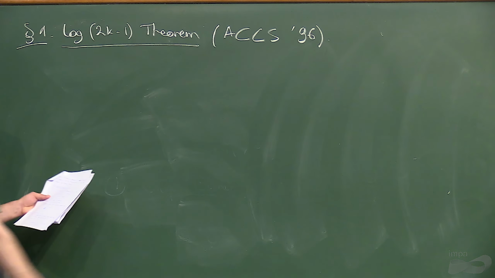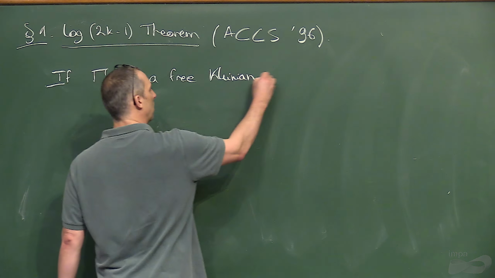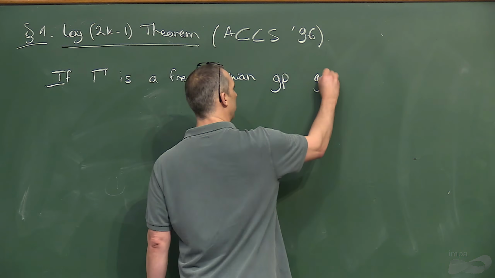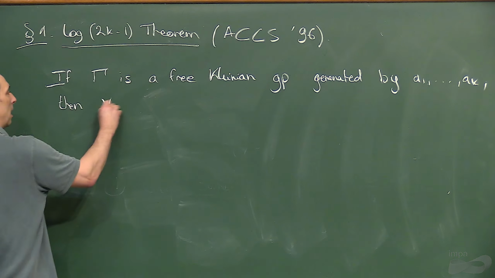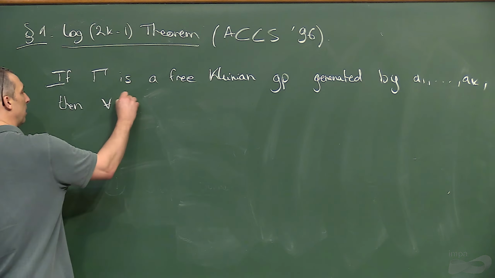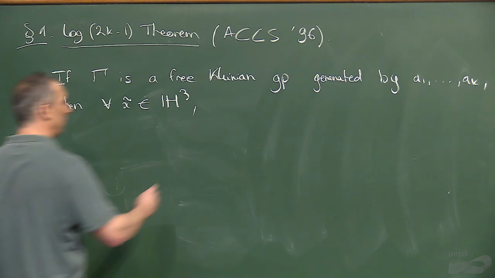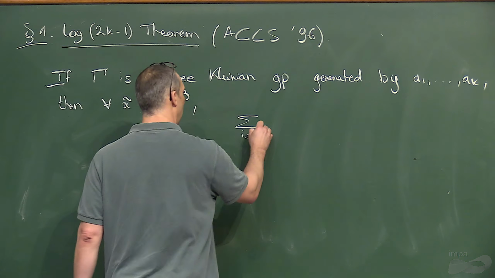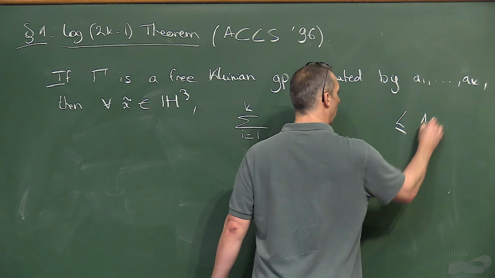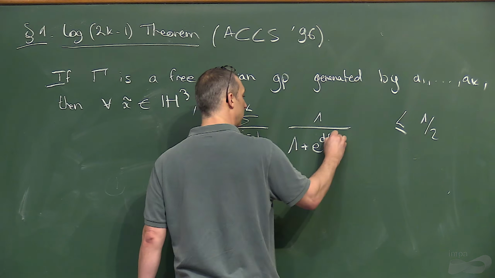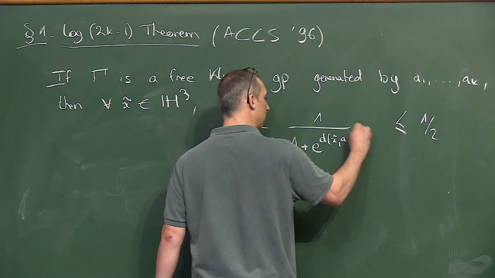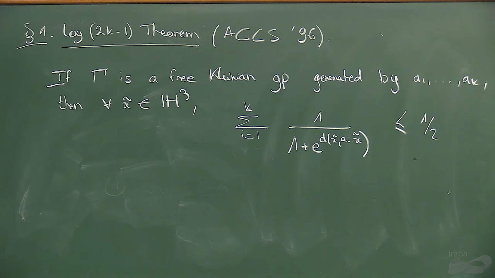If gamma is a free Kleinian group, I will explain what it is in a few minutes, generated by k elements a1 to ak, then for any x tilde in the hyperbolic space of dimension 3, the following sum is less than or equal to 1 over a half, where the function here is 1 over 1 plus exponential of the distance between x tilde and ai x tilde. I will now explain all the words in this theorem.